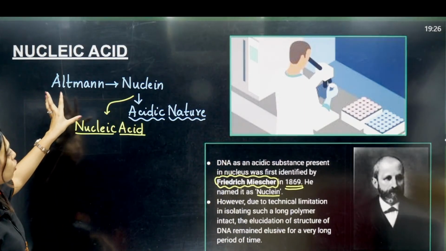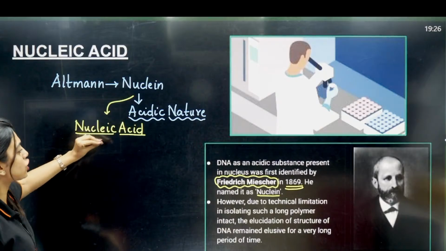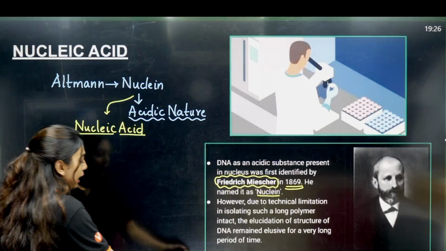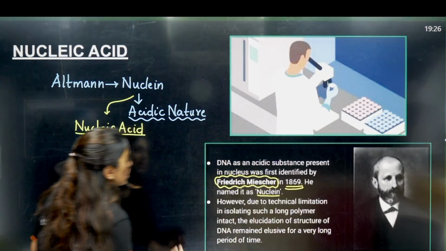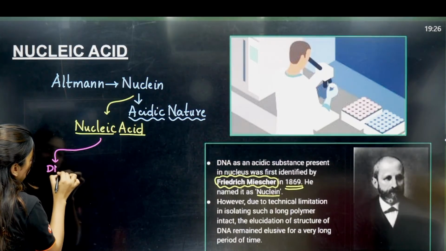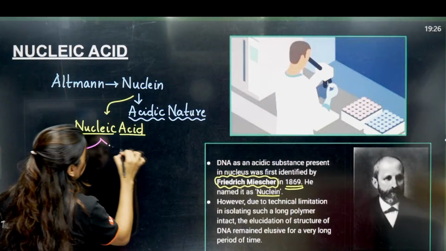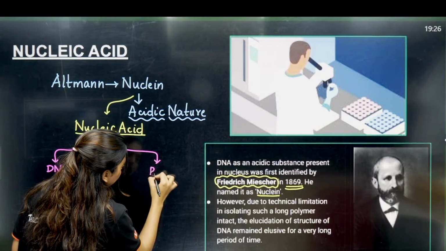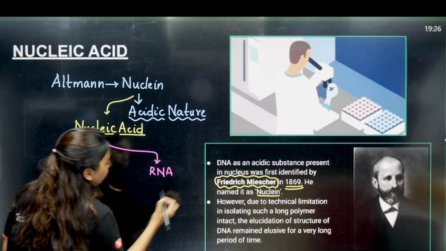So, Altman told that nuclein had an acidic nature, so we will call it nucleic acid, and later the two nucleic acids that we found were DNA and RNA. But tell me, what is the full form?